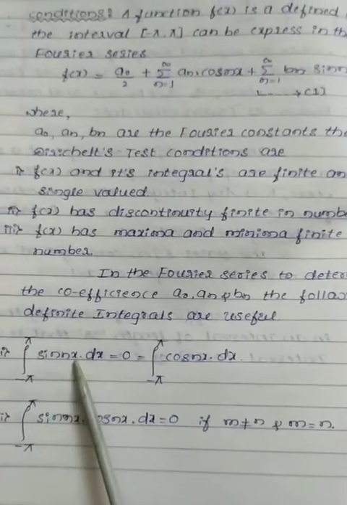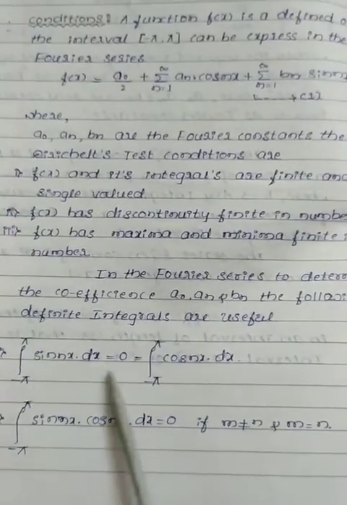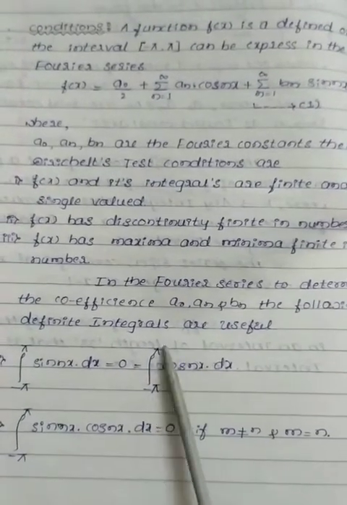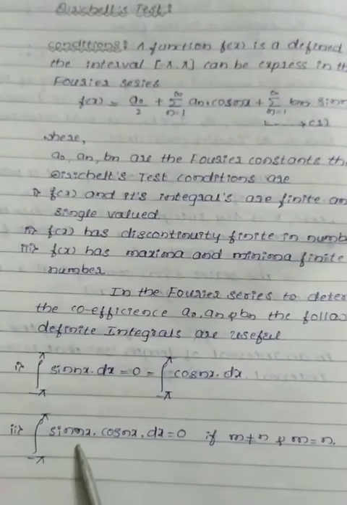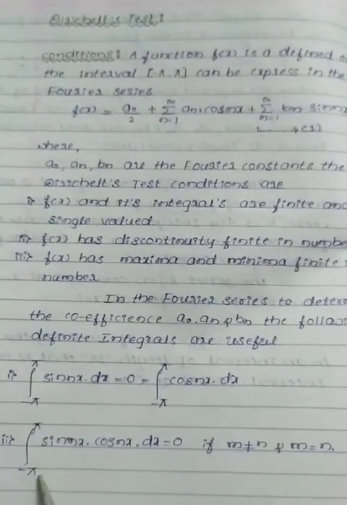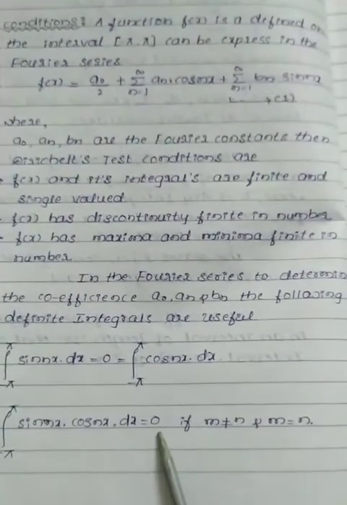A single sin from minus pi to pi is 0, a single cos with any angle from minus pi to pi is 0. Here with sin cos, the angles may be equal or not equal, and the integration from minus pi to pi is 0.